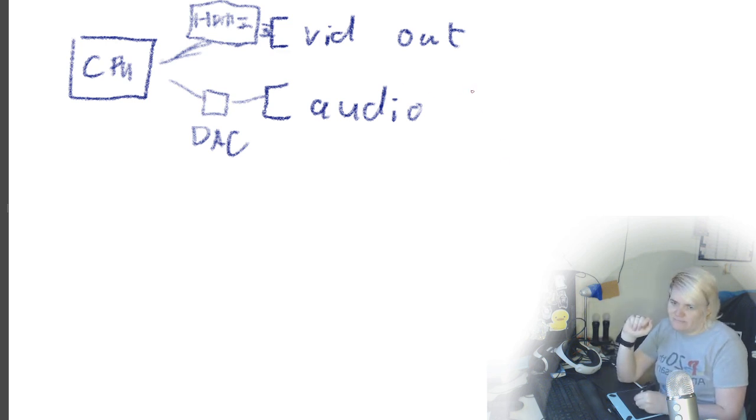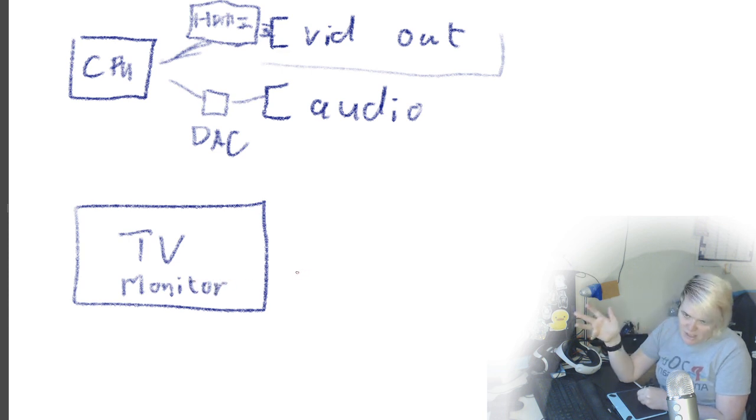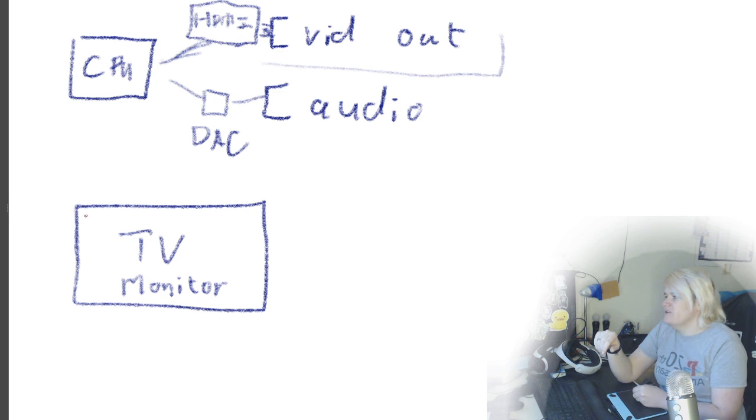But the journey's not finished there. We're going to have to split it out into two. Let's do video first. Video, it's going to travel along that HDMI cable and it's going to hit your television or your monitor. Now this is something again that people have actually heard about to some extent, but your monitor first of all has a refresh rate, and hopefully that is synced up with your game, right?